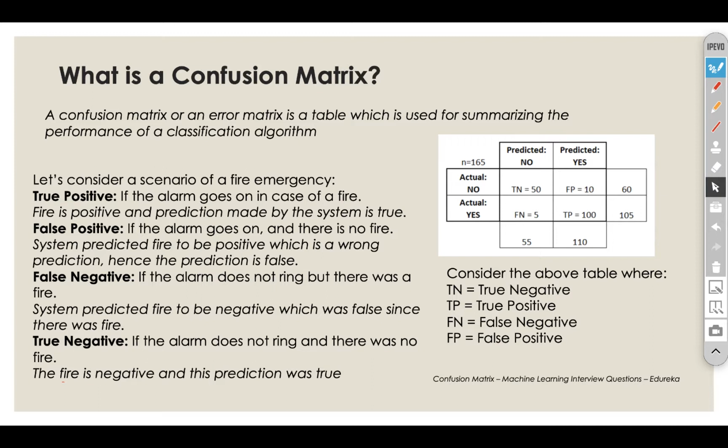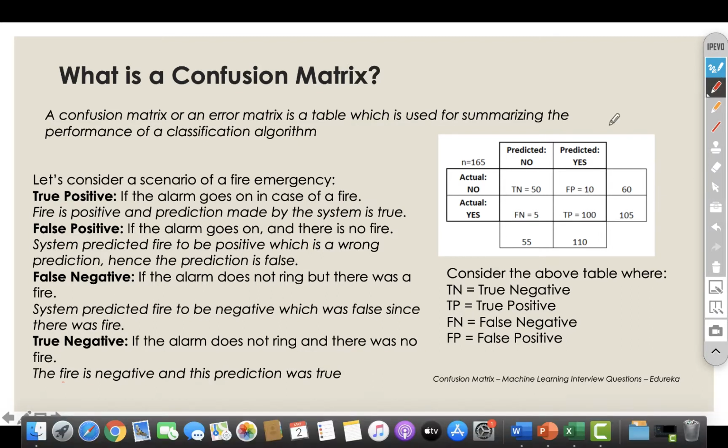So in this example we have taken fire emergency alarm, whether the alarm goes on or off during the fire. So we'll have a look into the confusion matrix table. So we have two columns. One is predicted no and predicted yes, actual no and actual yes, true negative, true positive, false positive and false negative.